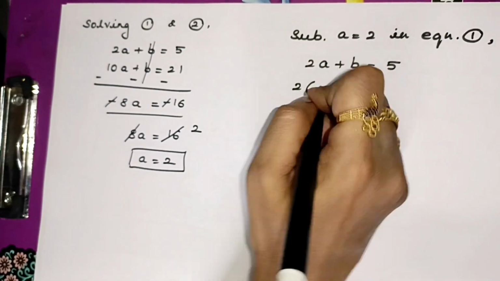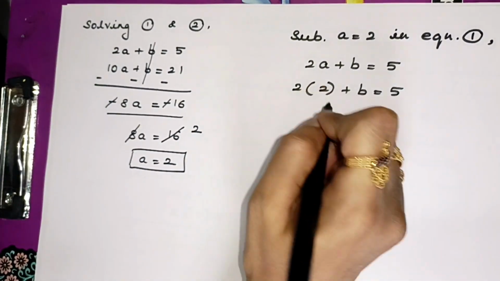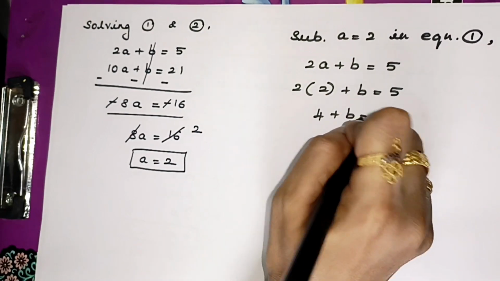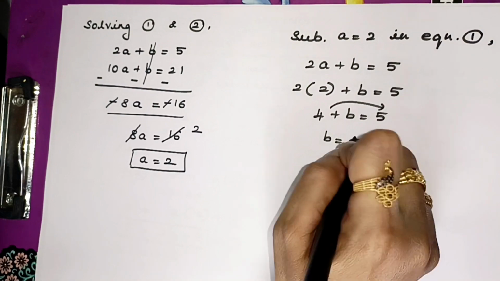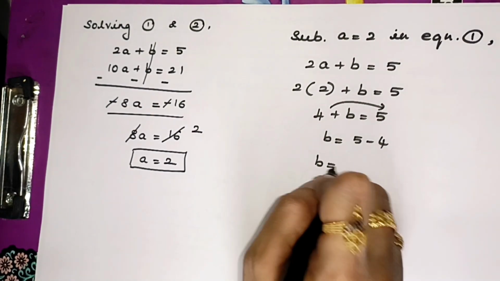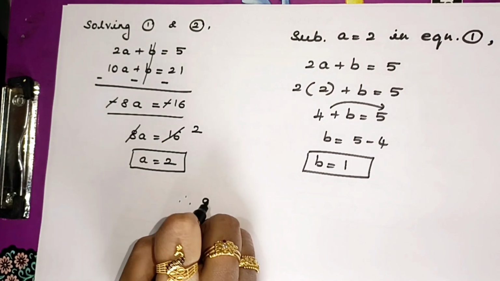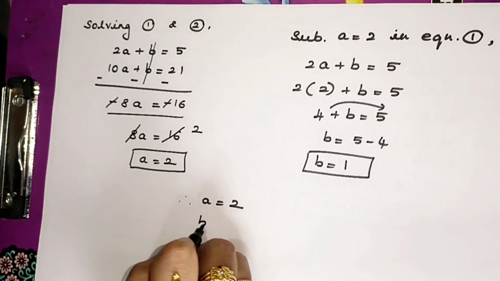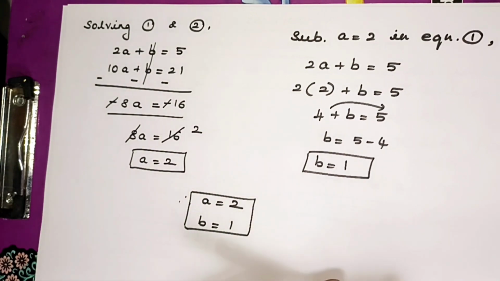Replace a as 2. 2 2s are 4 plus b equals 5. Take this 4 to the right hand side. So b is equal to 5 minus 4. So the value of b is 1. In the question they have asked us to find the values of a and b, so we have obtained a as 2 and b as 1.